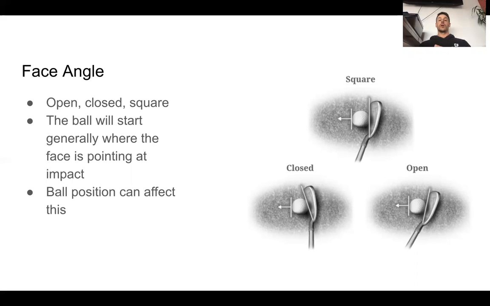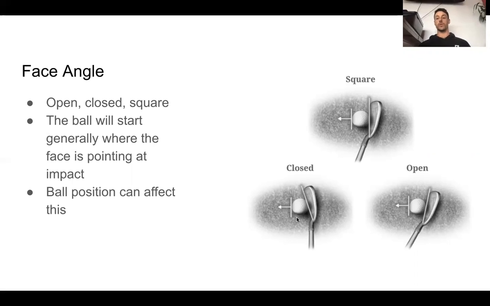With some of that being said, there are some implications on our face to path as well that are going to dictate that. So as far as looking at metrics on something like a TrackMan, square is going to be 0.0, closed is going to have a negative metric and open a positive metric.